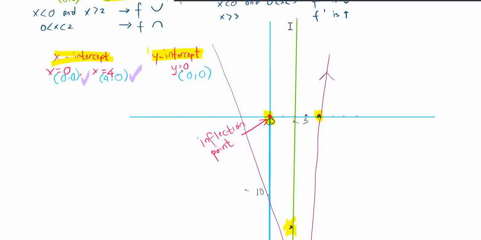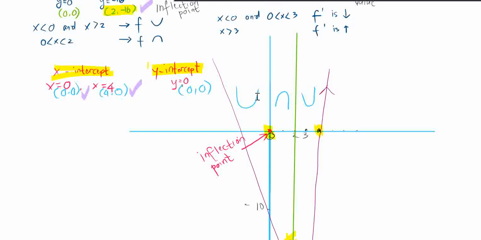Here I put the line when x equals 2 and x equals 0. Now we can mark where it is concave up and concave down: for x less than 0 it is concave up, for x greater than 2 it is concave up, and for x between 0 and 2 it is concave down.